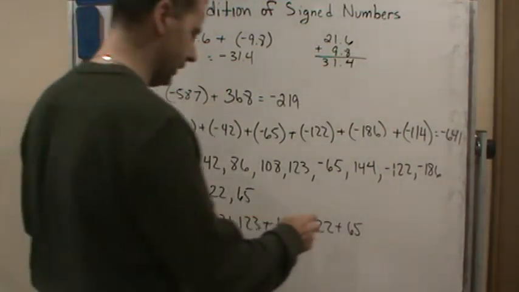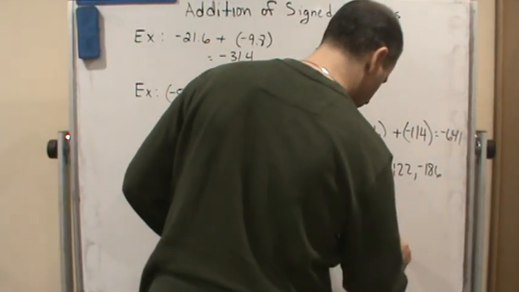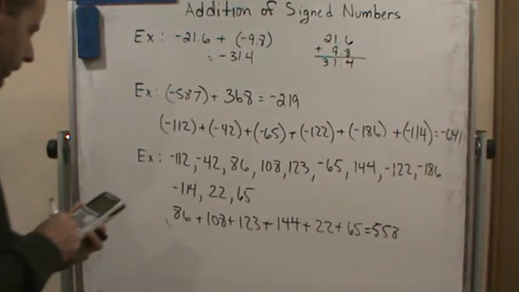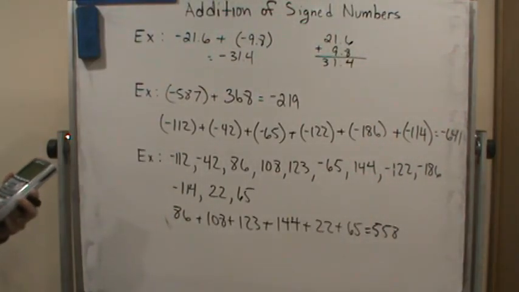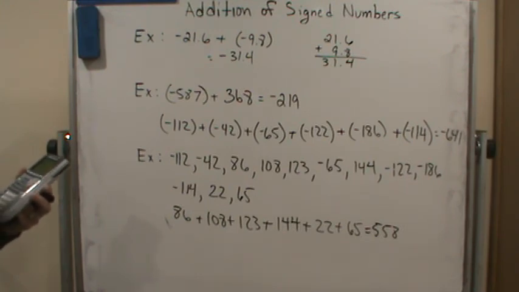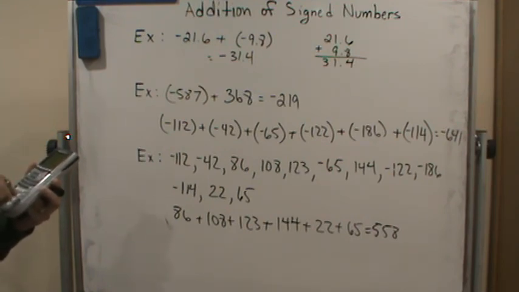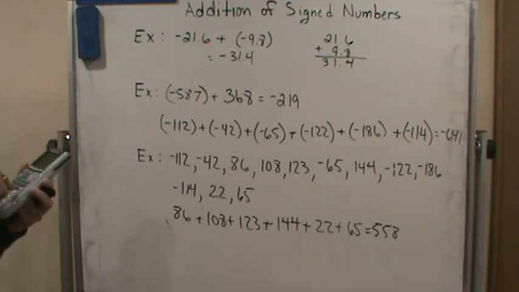Okay, so this is going to equal 558. So again, just double check. 86 plus 108, 108 plus 123 plus 144 plus 22 plus 65, oh, that's it.